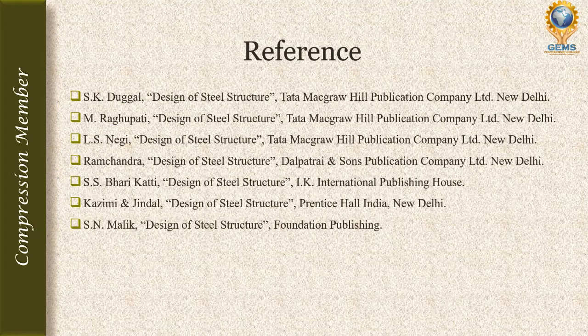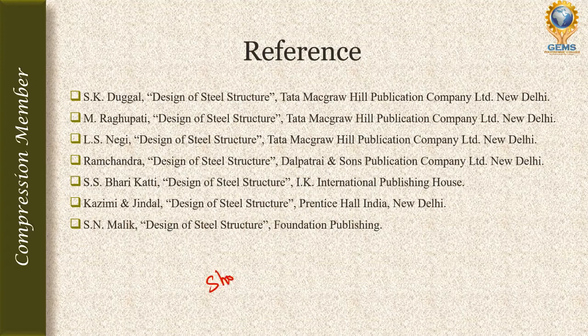So in this video we saw the introduction about the compression members, what are the different examples of compression members, and what are the general failures that will occur in axially loaded columns. There are three failures. One is yielding or crushing, that will happen in short column.